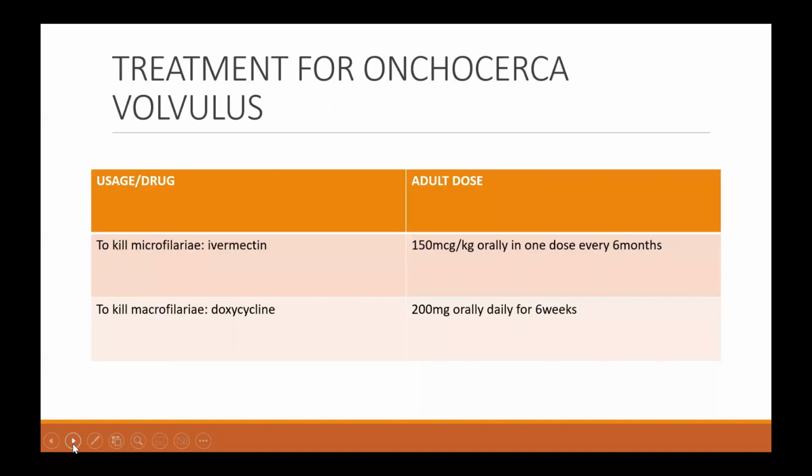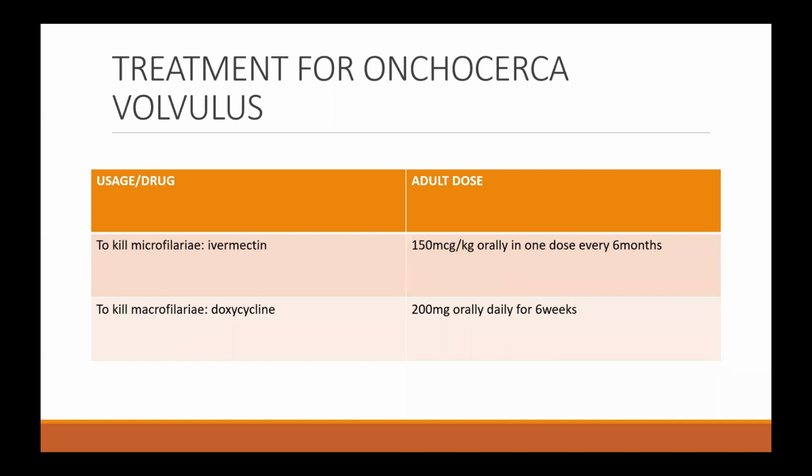So the treatment, as we mentioned, the dosage usually we give is 150 microgram per kg orally, just a single dose every 6 months. Some people say once a year is fine, but we just want to be sure, you can have some stubborn worms that refuse to go. So you want to give every 6 months, or some people may have had the drug fall on the ground.